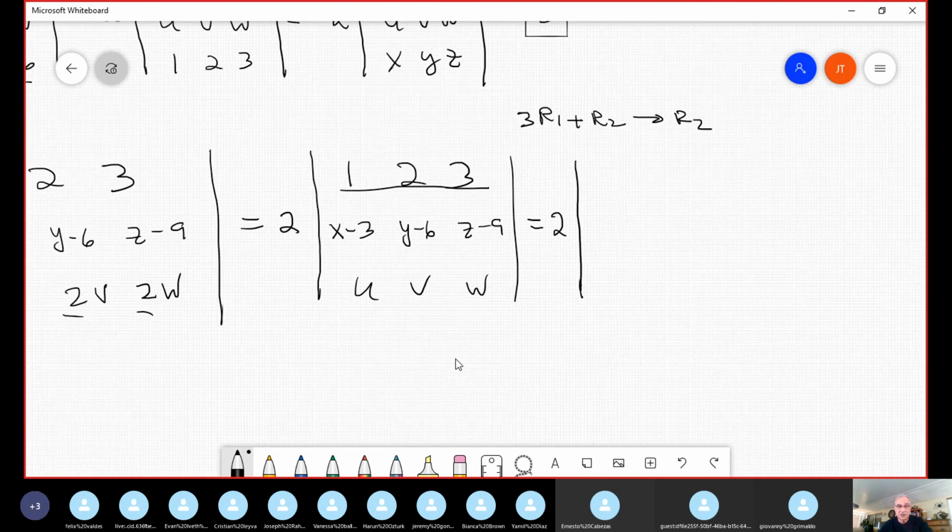So look, it's 3 times row 1, element by element. The elements in row 1 are 1, 2, 3, no? So it's 3 times 1 is 3. Plus this, it's obvious that this 3 is cancelled with this 3. So 1, 2, 3 stay the same. u v w stay the same, because basically we are working only using row 1 and row 2.